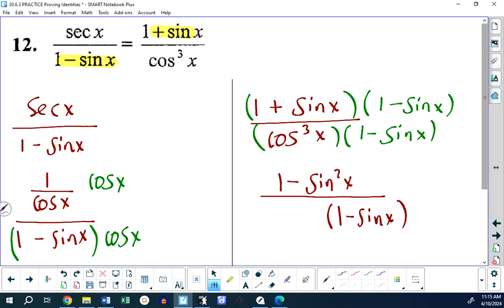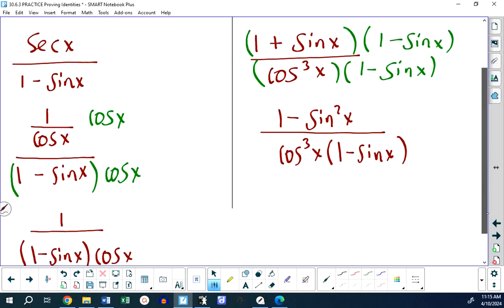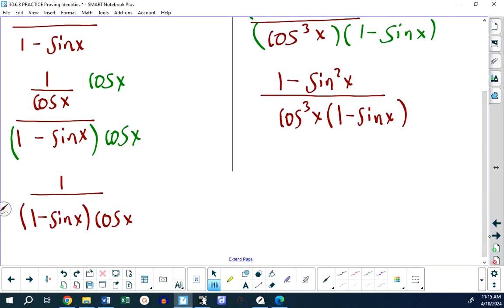And I have cos cubed of x, which is, well, we won't do that. I have cos cubed of x. And now I can say, James, that the top of this is cos squared of x.